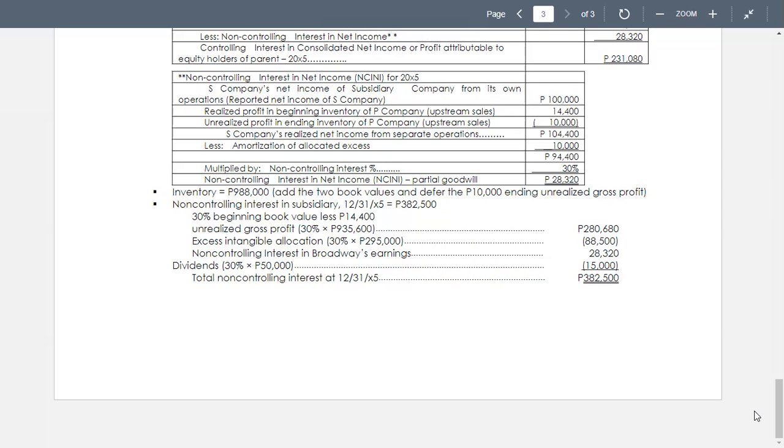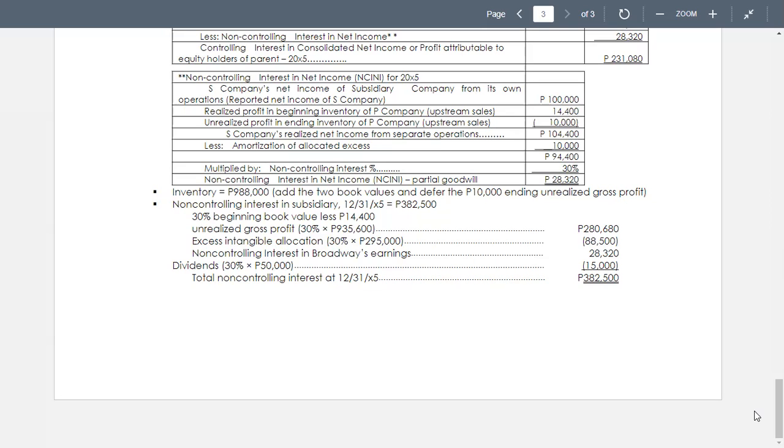Downstream sales from parent to subsidiary, 345,000 times 15 over 115. Upstream sales from subsidiary Salad to parent.